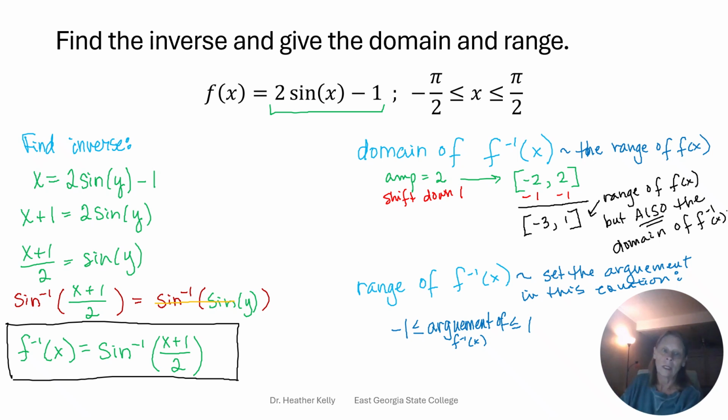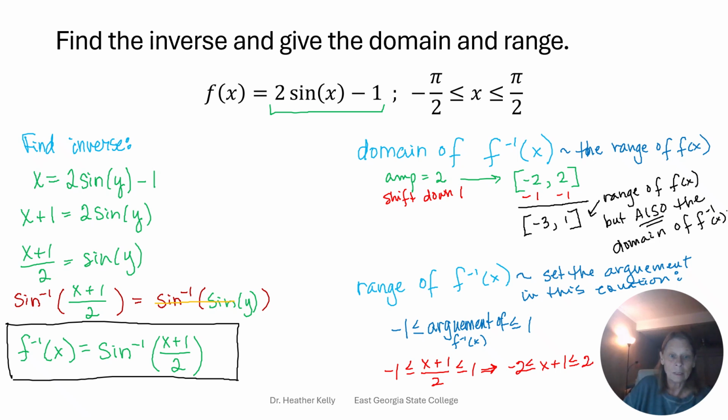All right, and so here we go. We're going to solve this. So we have -1 less than or equal to (x plus 1) over 2 less than or equal to 1. And we solve this inequality. So the first thing we do is we got to get rid of that denominator. So I'm going to multiply everything through by 2. So that is equal to -2 less than or equal to x plus 1 less than or equal to 2.